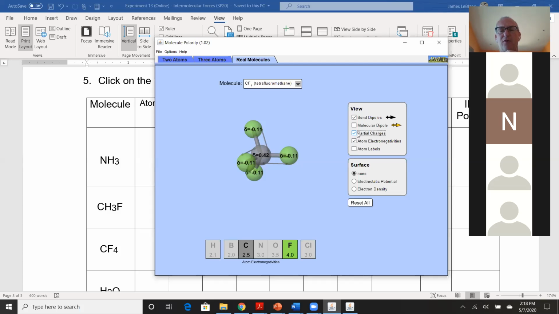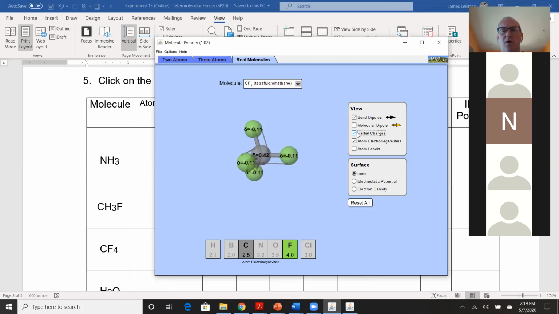So why do you think the fluorines have so little charge on them? Whereas we expect fluorine, when it's bound to something, to have a much higher partial negative charge. Usually if we have a fluorine bound to something, its net negative charge is higher.